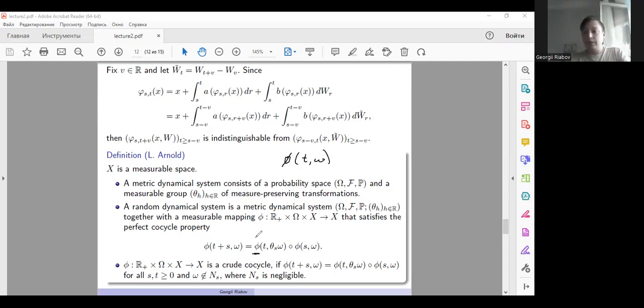However, when s moments of time have passed, our noise omega is shifted to theta s of omega. So at time s, we choose this mapping. At time t, we choose this mapping, but with respect to the shifted noise. And their composition is the same as the mapping at time t plus s, which is defined by omega.